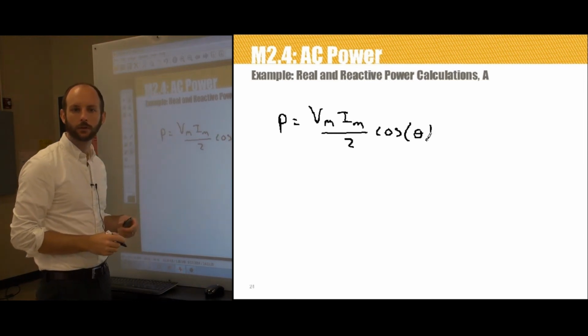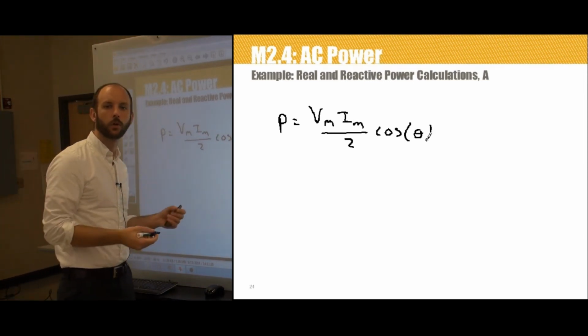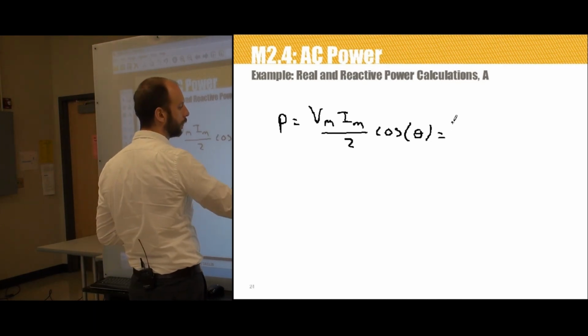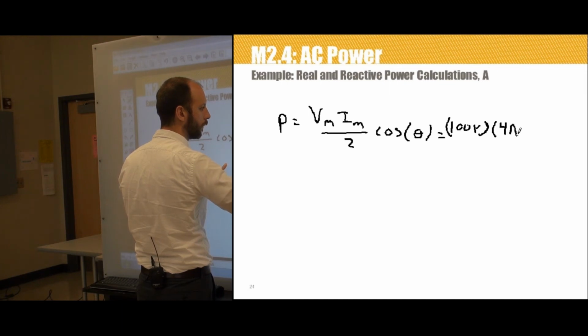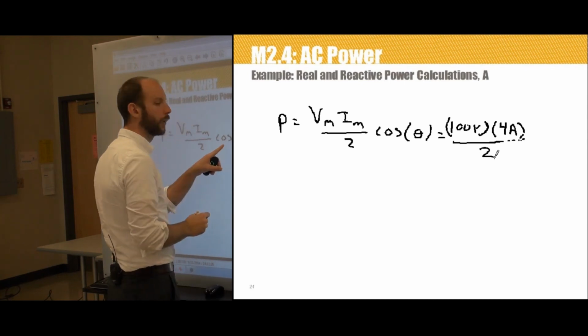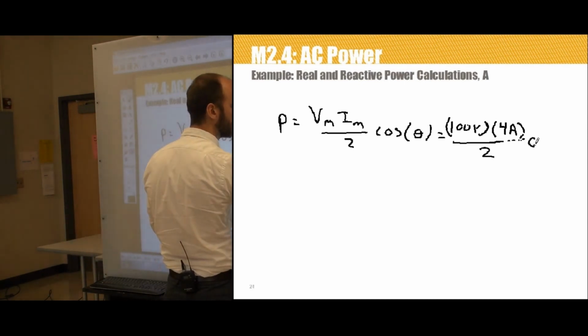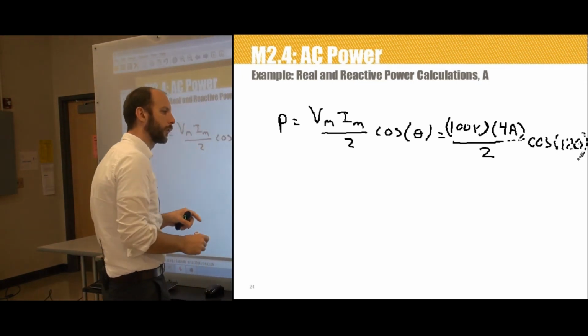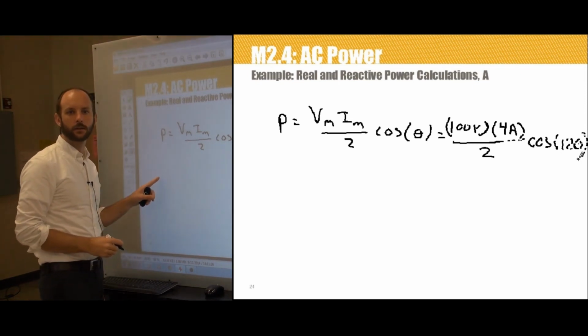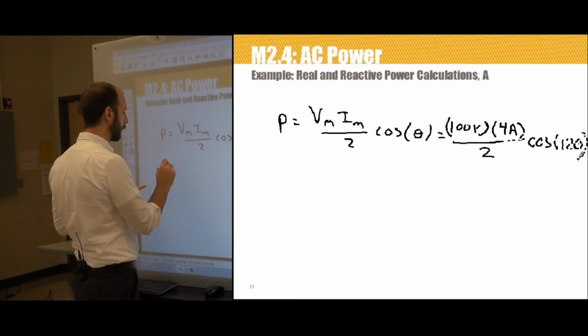And so from our previous slide, that's 100 volts times 4 amps divided by 2, and cosine of theta was cosine of 120. Cosine of 120 gives us minus 100 watts.